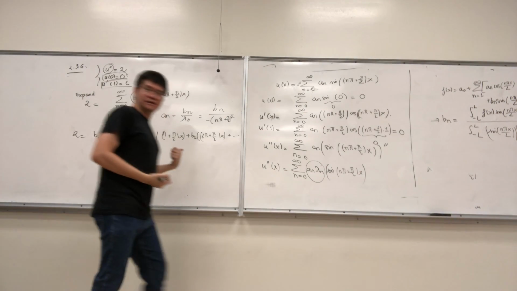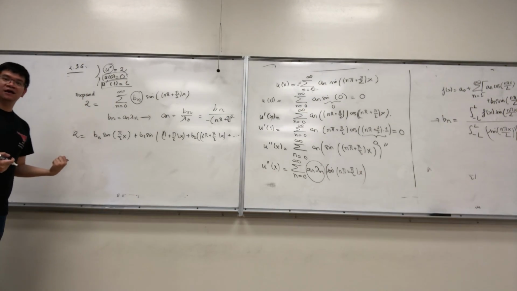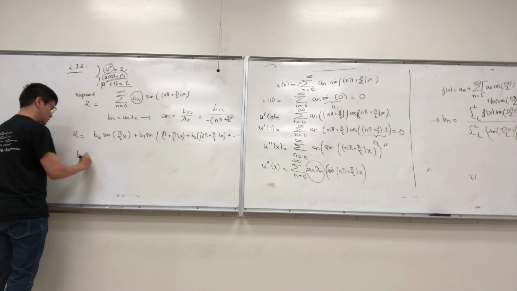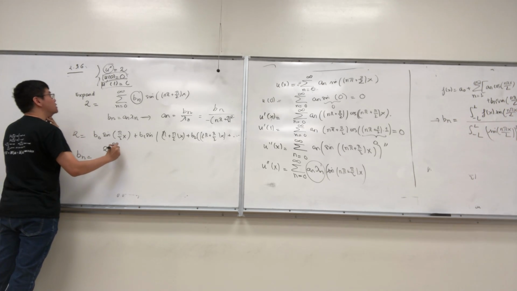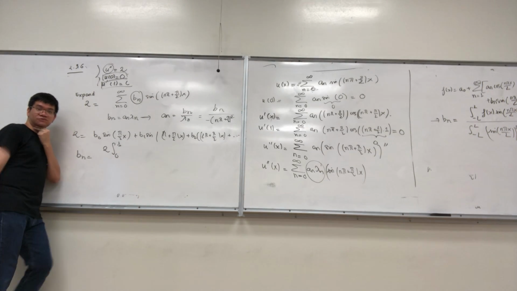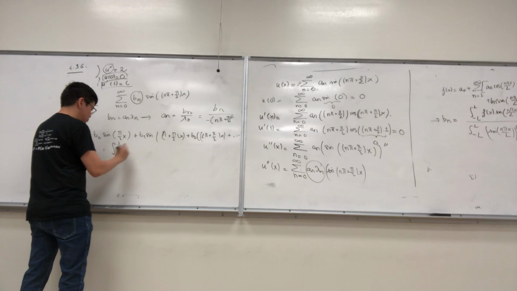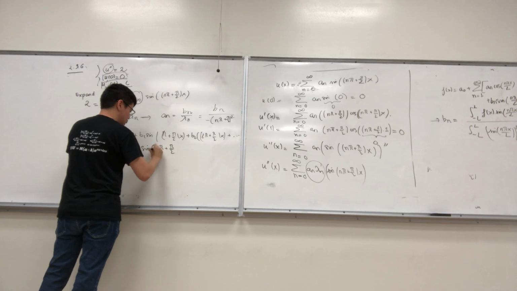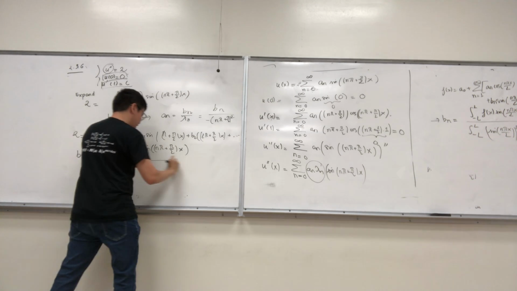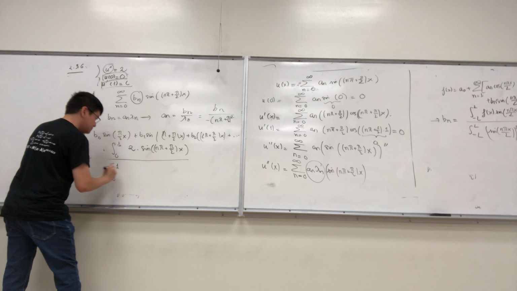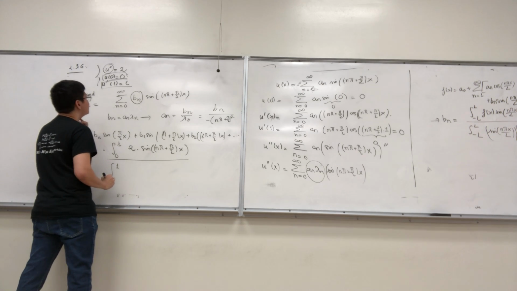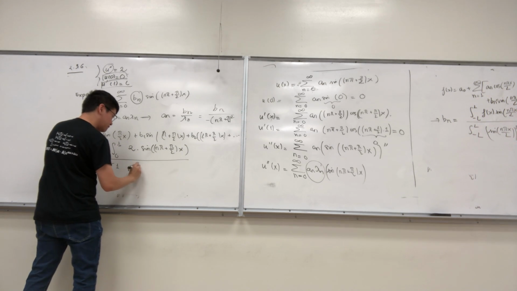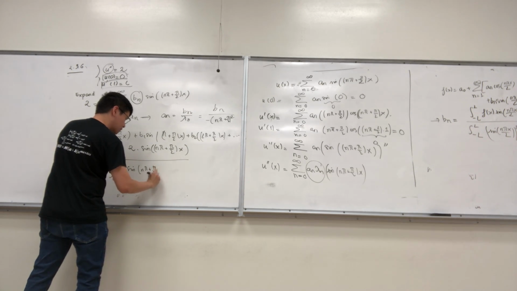All right? Here it's going to be the same, except that you change the interval, right? So Bn will be the integral from 0 to 1, because we are from 0 to 1. So I have 2 inside, times sinus of n pi plus pi over 2 x, divided by the integral from 0 to 1 of sinus of n pi plus pi over 2 x, squared.